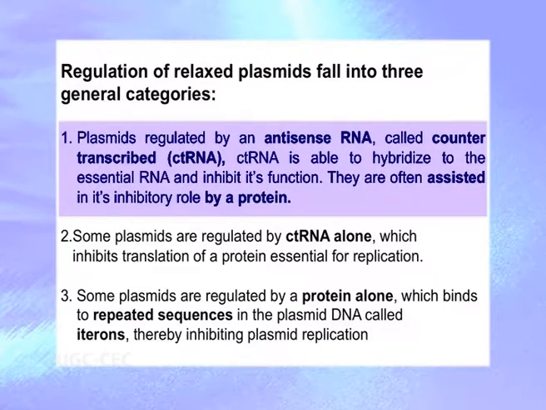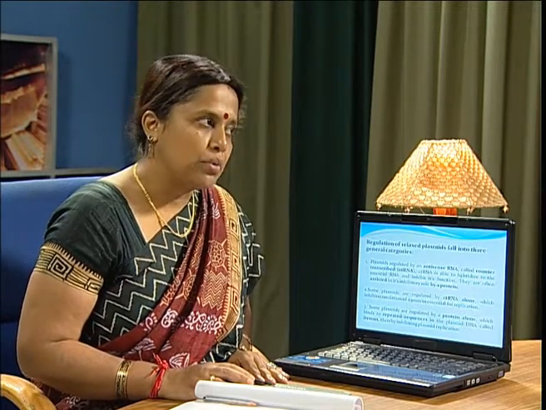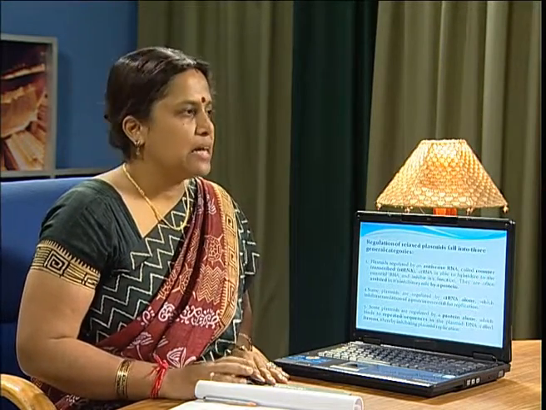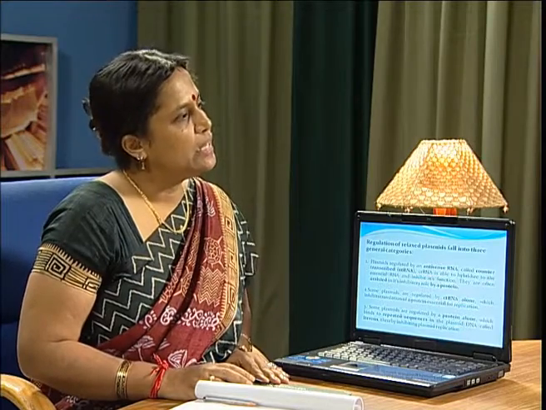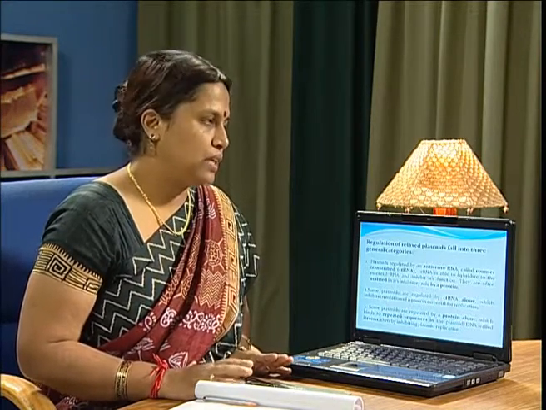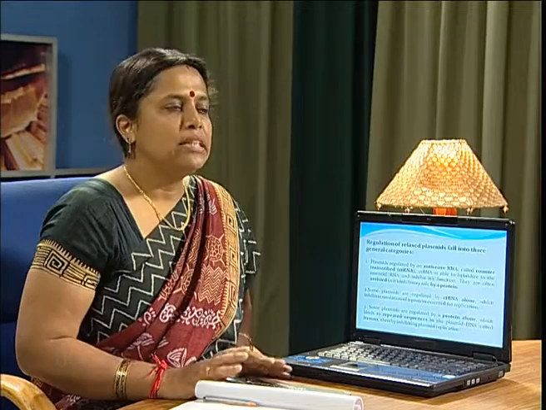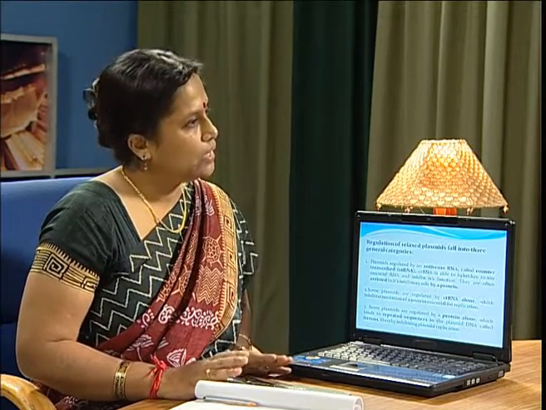As we all know, to initiate replication of a plasmid, we need an RNA primer. So, if an antisense RNA is synthesized and it restricts the binding of this RNA primer to the origin of replication, then the replication initiation pathway is restricted. So, this is one way of restricting the copy number.